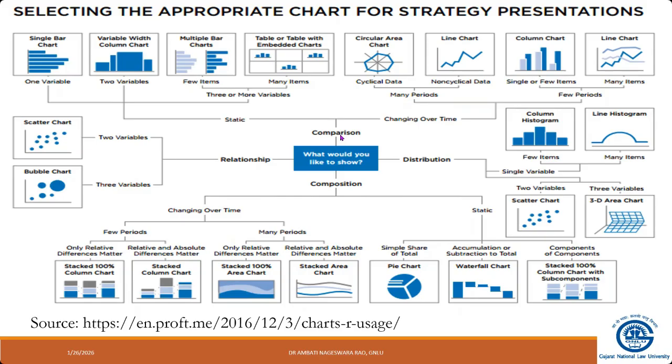For example, when I say comparison, I just want to know the gender difference, the performance of employees based on their gender. For example, if you have assistant professor, associate professor, and what is their APA score?